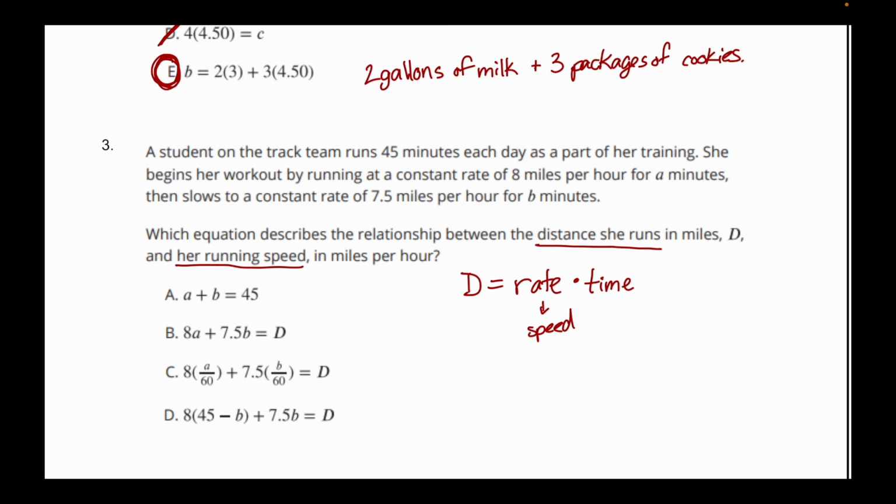Since she has 2 different ones, we're probably going to have 2 things added up to that. So a rate times a time plus a second rate and another time should equal her total distance. So she begins her workout at a constant rate of 8 miles per hour. So her speed is 8 for A minutes.